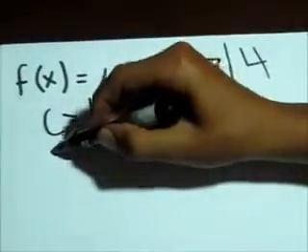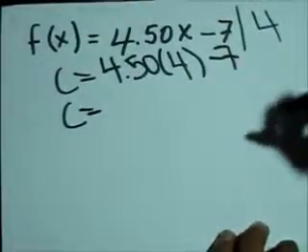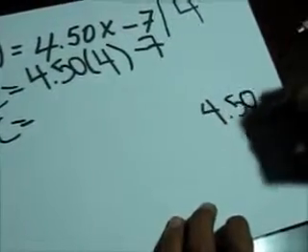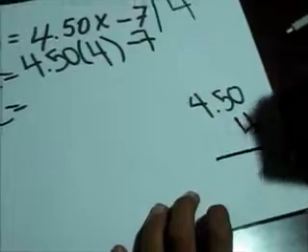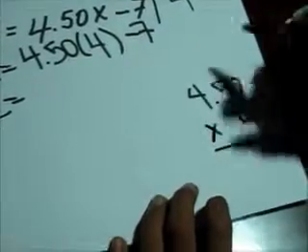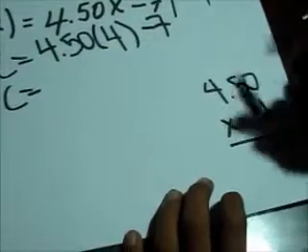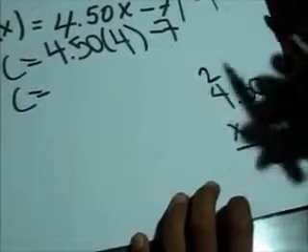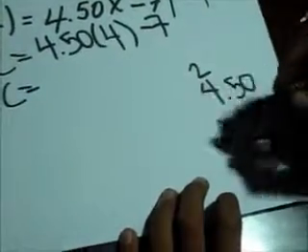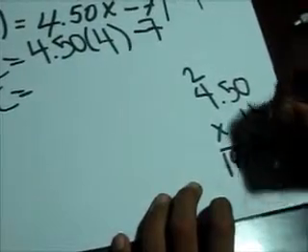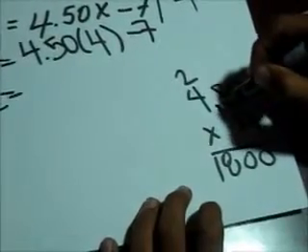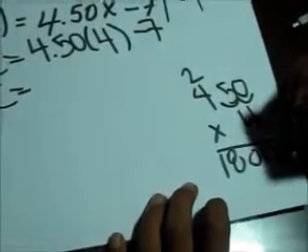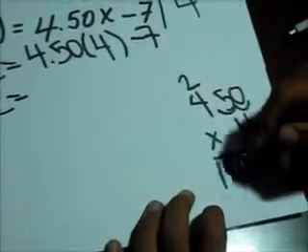So the cost equals 4.50 times 4. 4 times 0 is 0, 4 times 5 is 20, and we have 2 left. 4 times 4 is 16, and 2 we have 18, and because the point has to be at the end of the number, we move the 2 again, and so it is 18.